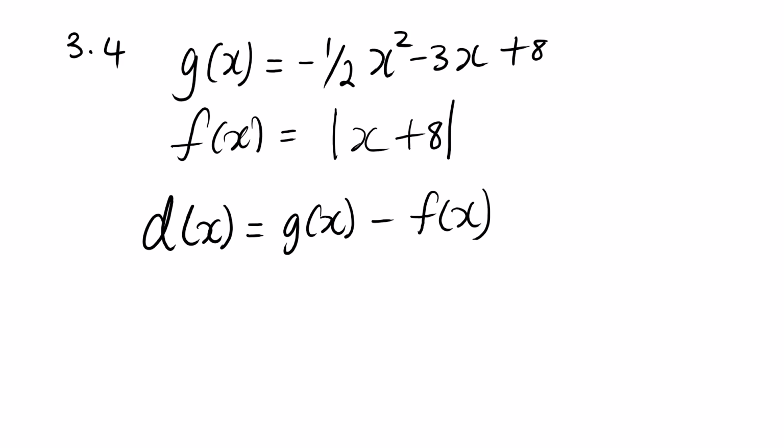So for us to determine the equation of d of x, we are going to take the graph which is on the upper bound minus the graph which is on the lower bound. The graph which is on top minus the graph which is at the bottom. For the absolute value, we know that we have two values, the negative and the positive. In this case, we cannot take the negative one because of that interval.